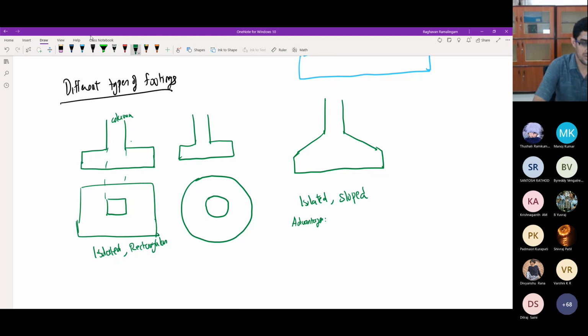Here the pressure reduces gradually in the sloped footing. Pressure on which part? On the bottom of the footing. No, see, as long as this area is the same as this area, then the pressure on the soil will be more or less the same. So that is not exactly the advantage.